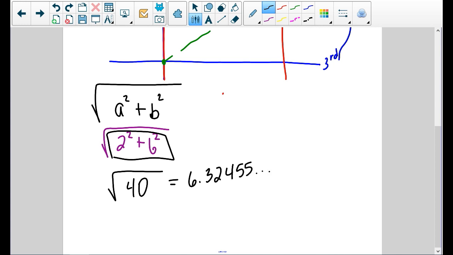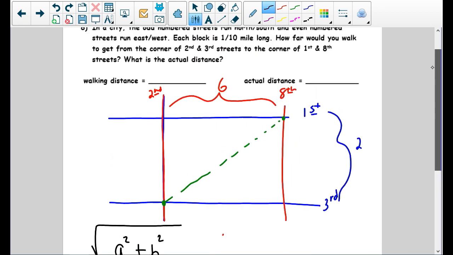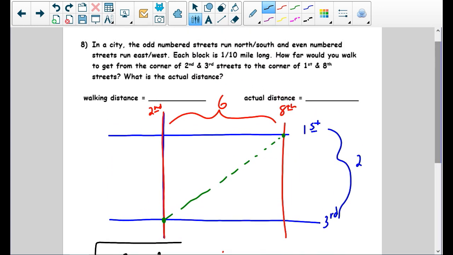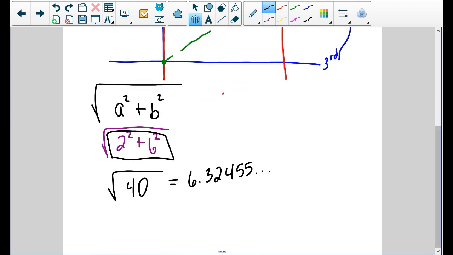Now, each block is a quarter mile long. So what we found was 6.32 blocks, right? Because we took our measurements in blocks. Does that make sense? So this is the distance in blocks.